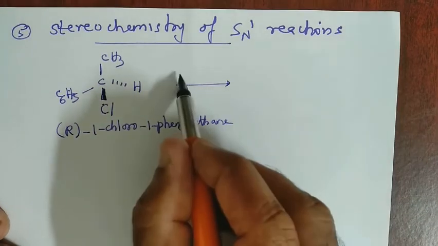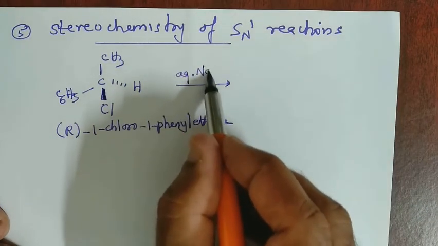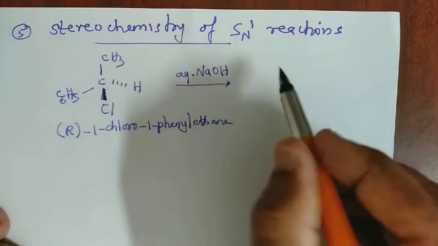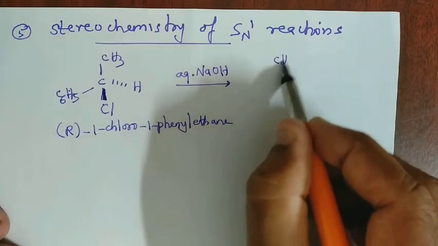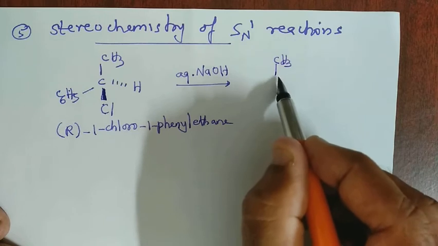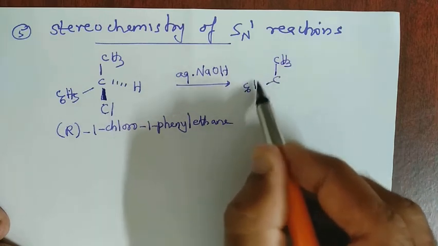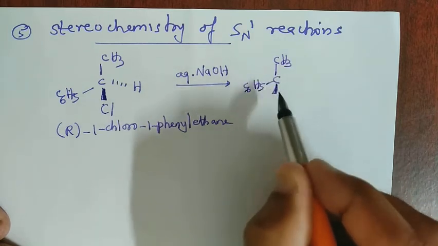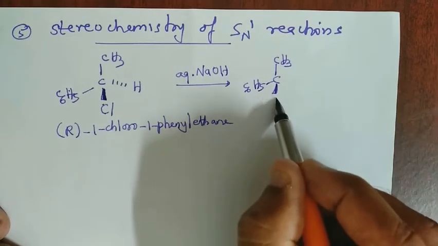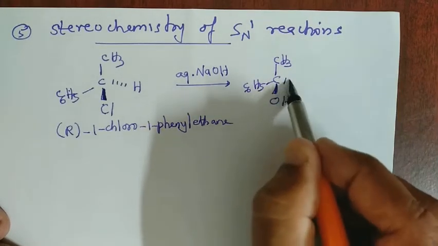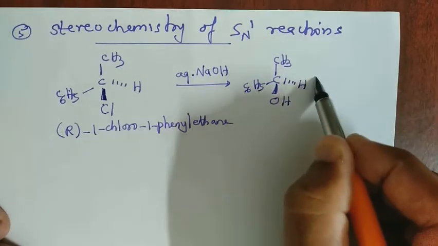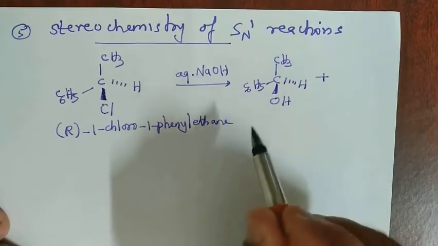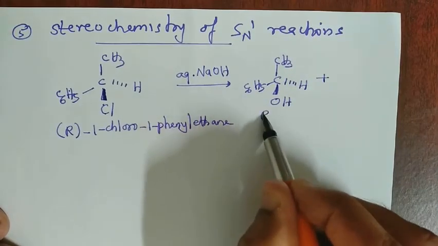When it is treated with an aqueous solution of sodium hydroxide, it gives a mixture of R and S isomers of 1-phenylethanol.